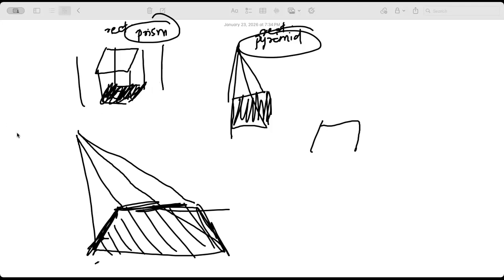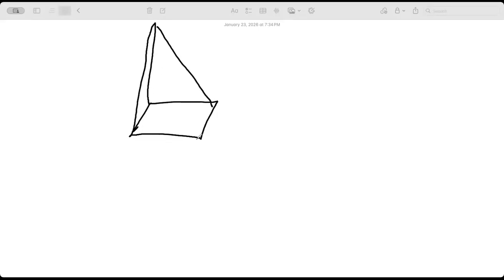Is it slanted just because you made it like that, or is it always supposed to be slanted? Okay, since you brought it up, I'm going to tell you something. Suppose the pyramid is standing upright like this, it is a right pyramid.